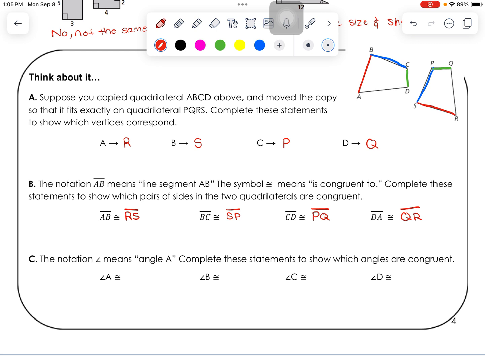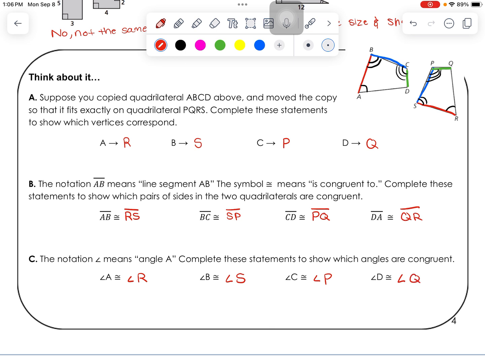So angle A should match with angle R. Angle B would match with angle S. Angle C matches with angle P. And that last one, angle D, would match with angle Q.